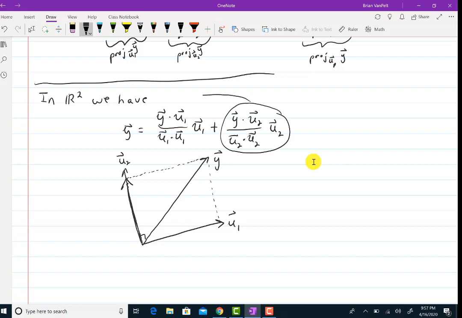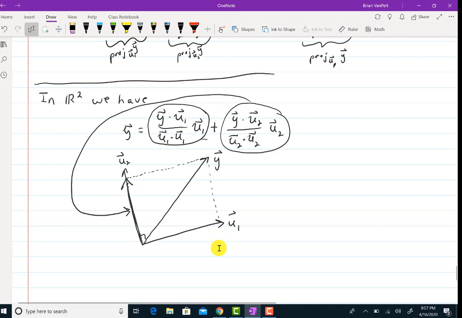That's precisely that vector right there. And this vector, it looks like u1 was long enough, or maybe I need a shorter vector for u1, but this guy right here is that vector.